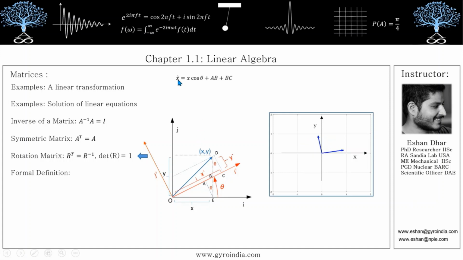We can see that x hat is equal to OA plus AB plus BC. OA is nothing but x cos theta. AB and BC can be seen to be equal to BE sin theta plus BC sin theta.